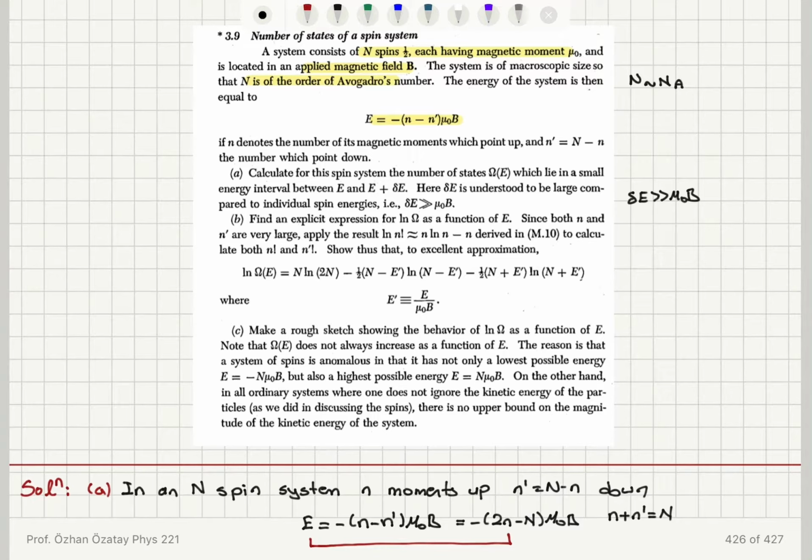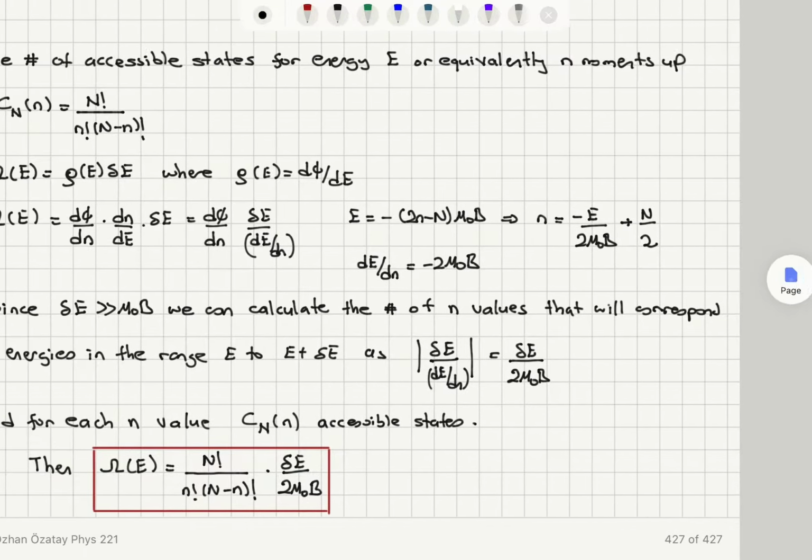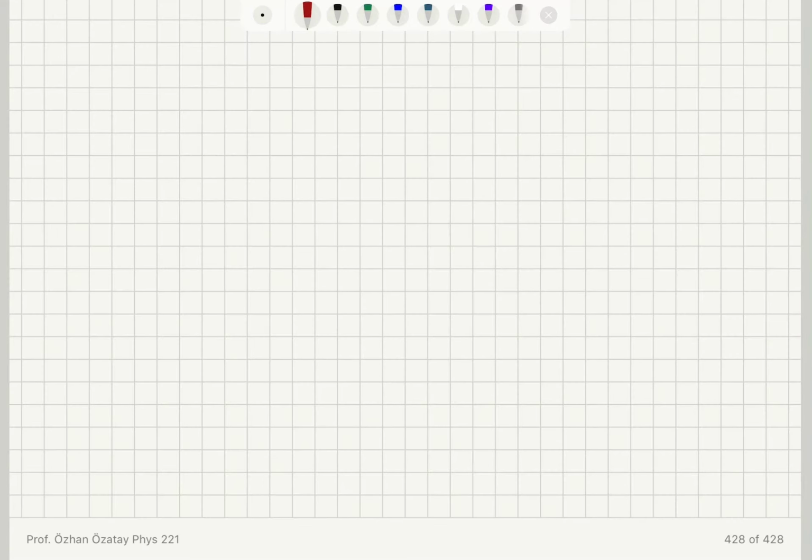We have Stirling's approximation to calculate both n factorial and n prime factorial. Show thus that to excellent approximation we have this expression where E prime is defined as E divided by mu 0 B.